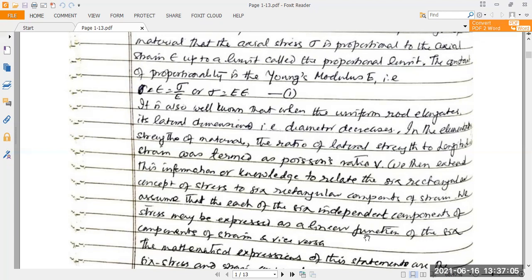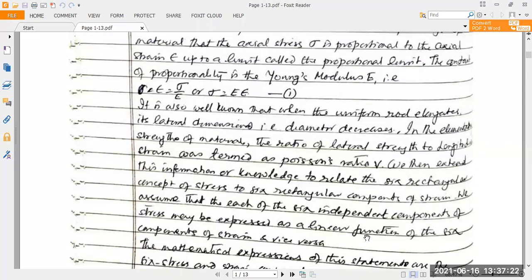So what we are getting here is that we want to relate the 6 rectangular components of stress to the 6 rectangular components of strain, or the opposite, the 6 rectangular components of strain to the 6 rectangular components of stress.